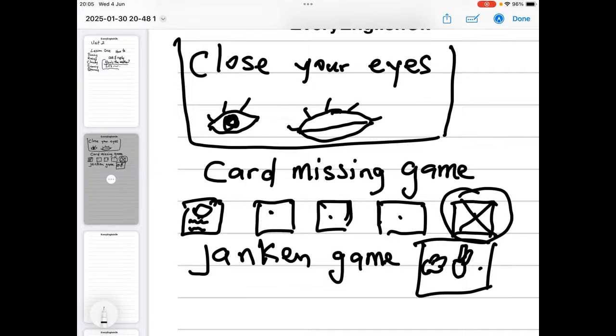Okay. So for this particular lesson, before the end of the lesson, when we have about 5 minutes left, students are given the opportunity to write their furikari sheet. That's their comment sheet.